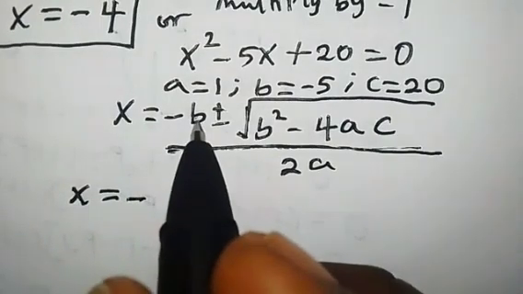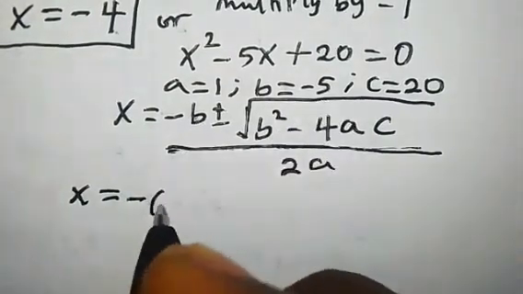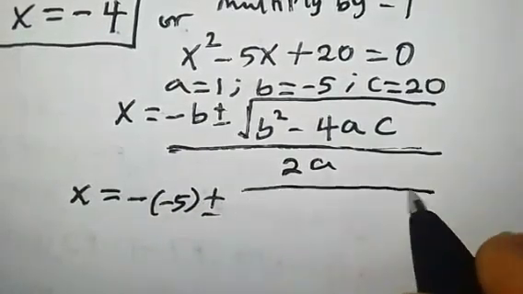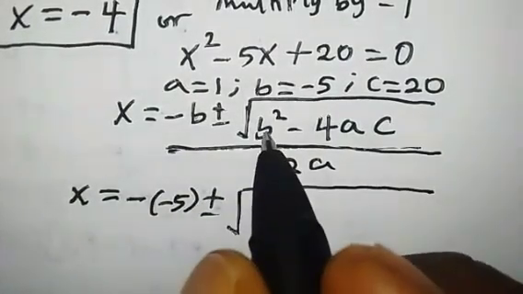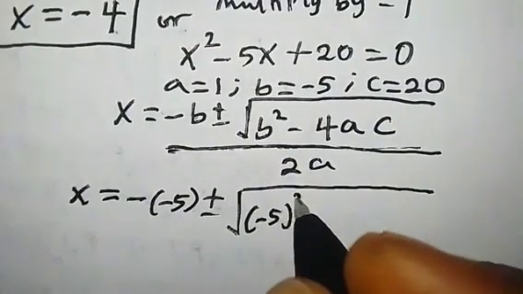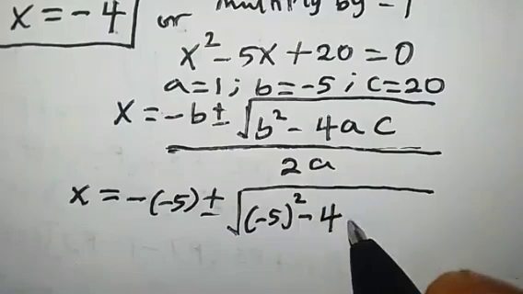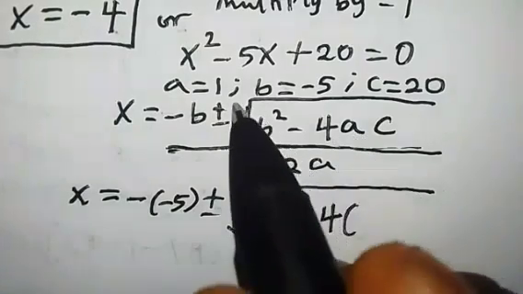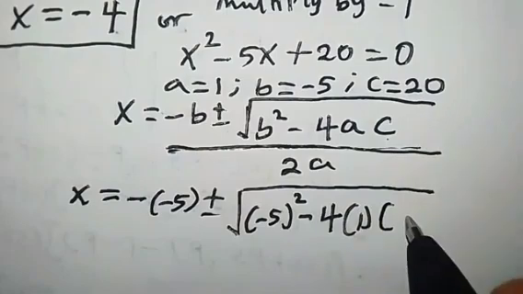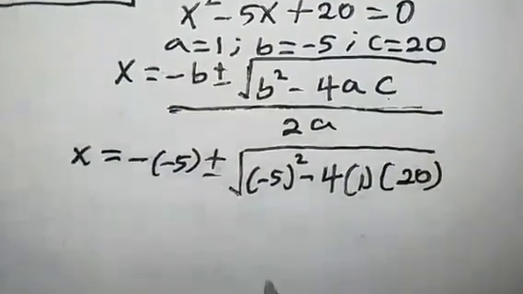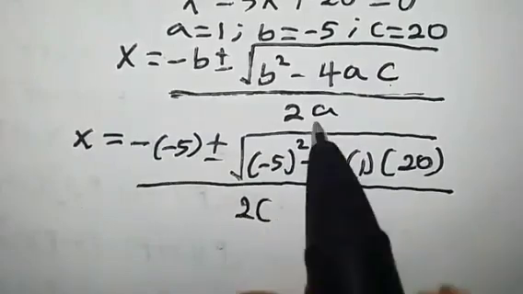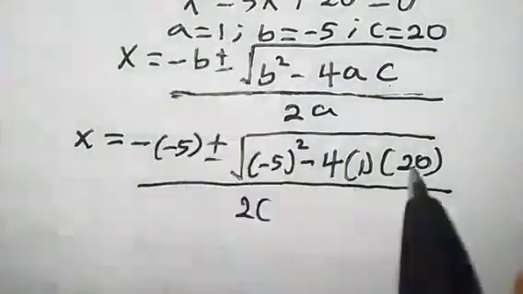What we have to do now is to substitute all these values into the right hand side. Minus, what is b? b is minus 5. Minus minus 5 plus or minus square root of b squared, that will be minus 5 all squared minus 4 into a is 1, into c is 20, all divided by 2 into, what is a? a is simply 1.